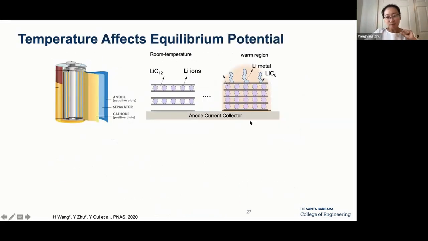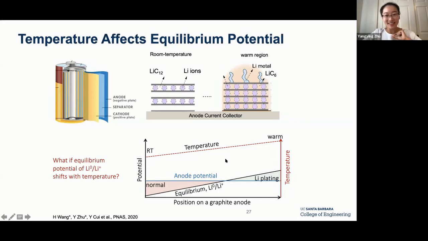So that's indeed our hypothesis in this schematic cartoon. When you have cylindrical batteries, you have a very large electrode area. And when you unwrap the electrode, you can totally have a room temperature region and a warmer region.